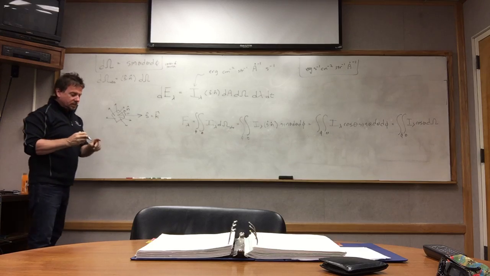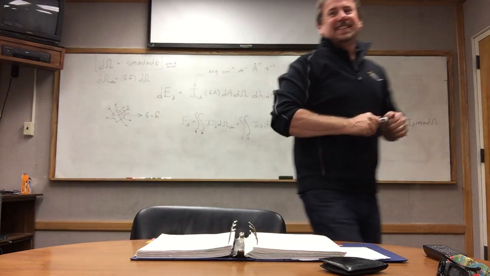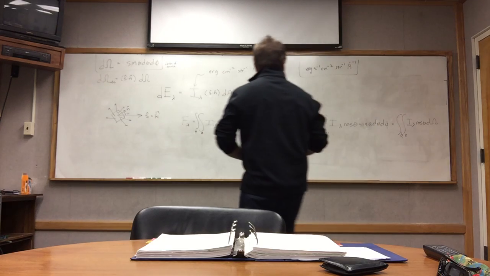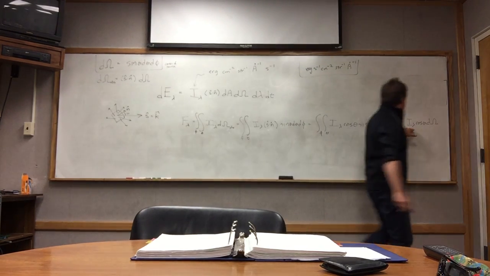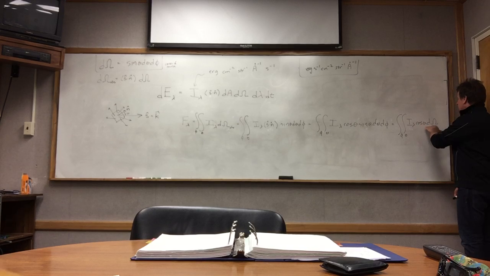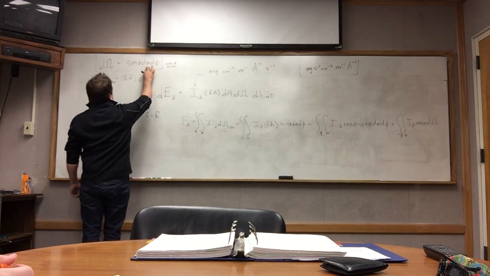Okay. So basically, you come up with the flux being this very simple integral that it's I lambda cosine theta d omega, where d omega is sine theta d theta d phi.